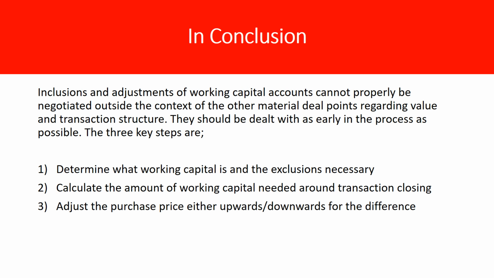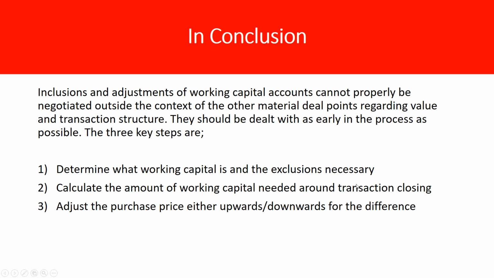So in conclusion, inclusions and adjustments of working capital accounts cannot properly be negotiated outside the context of the other material deal points regarding value and transaction structure. They should be dealt with as early as possible in the M&A process. The three key steps are: 1, to determine what working capital is and the exclusions necessary. 2, calculate the amount of working capital needed around transaction closing.